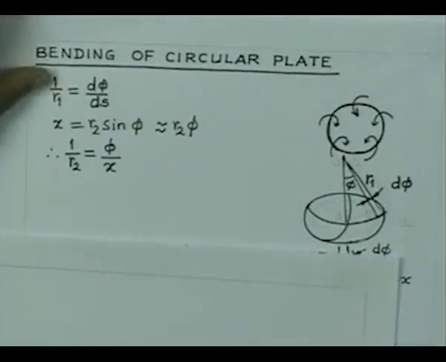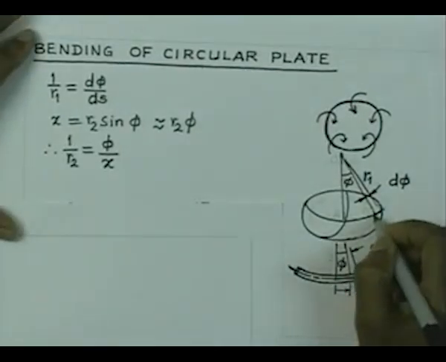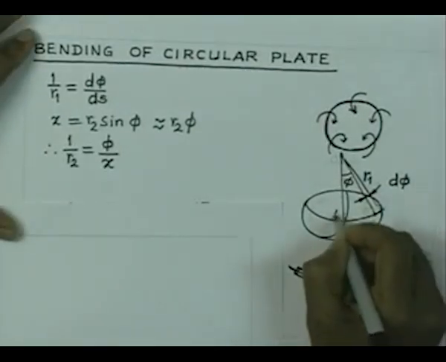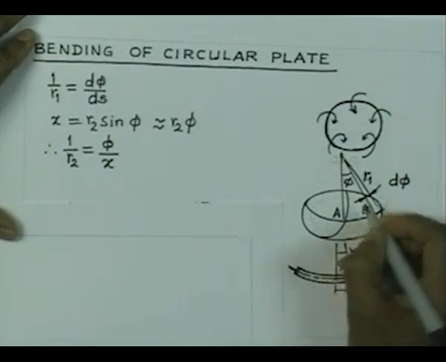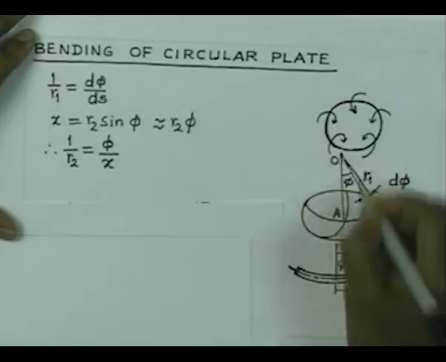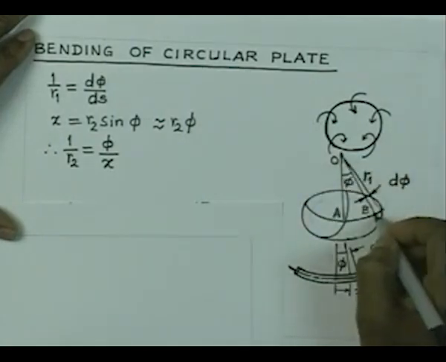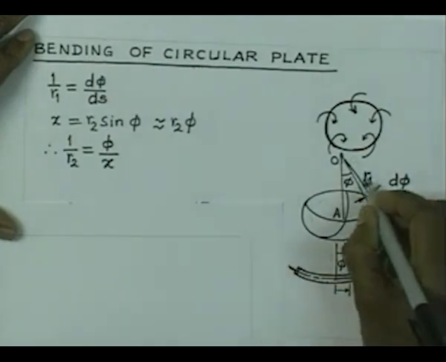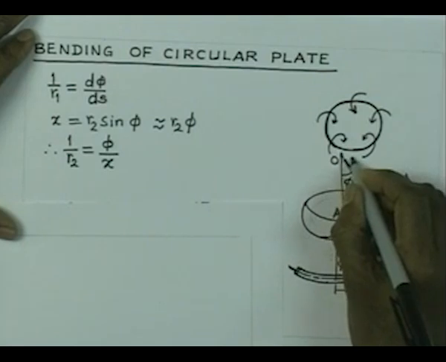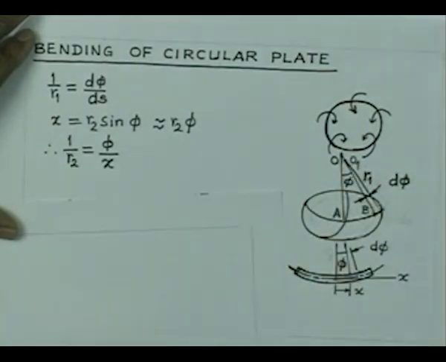So, we now have both the principal curvatures of an element of the plate which is located somewhere here. We have taken the point A and let us say that this is the point B, and the center of curvature for this portion is O, whereas the center of curvature in the xz plane, I beg your pardon, is this R1, that center is somewhere here, made by this radial line and that radial line.